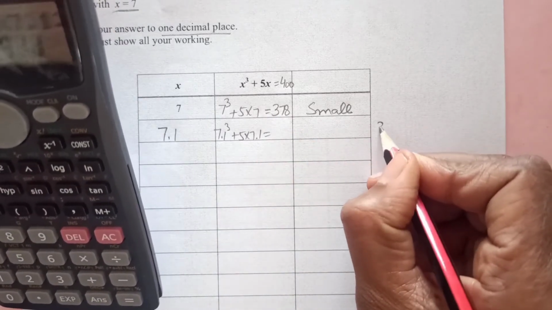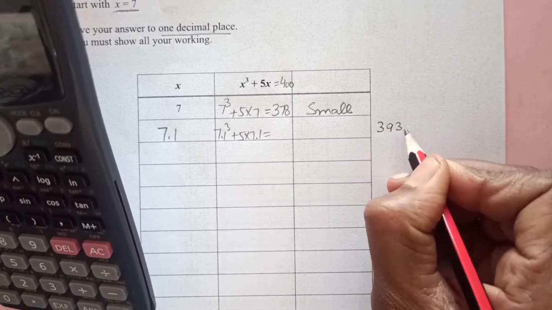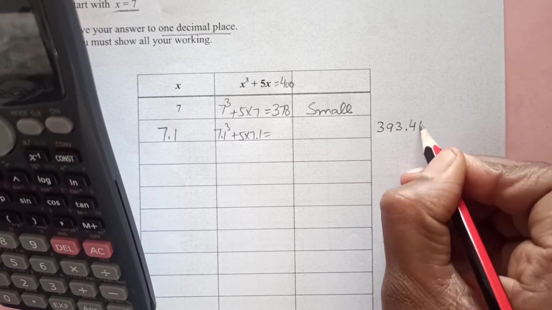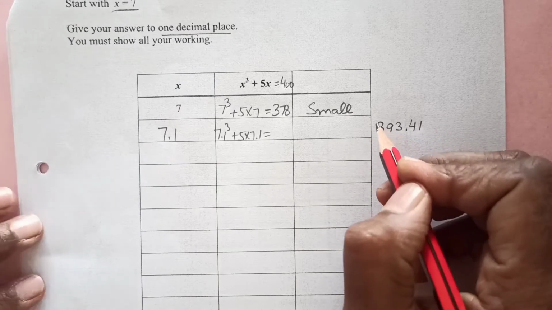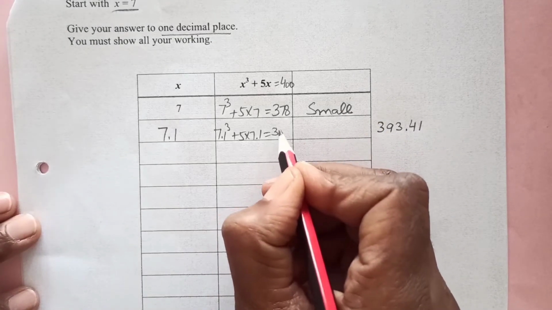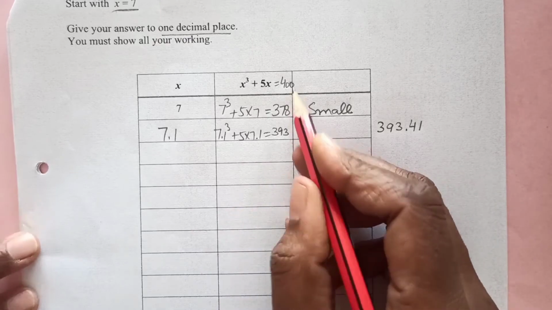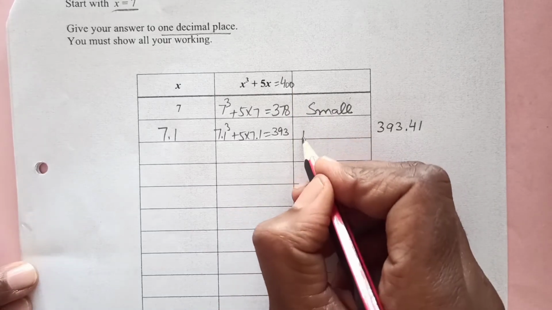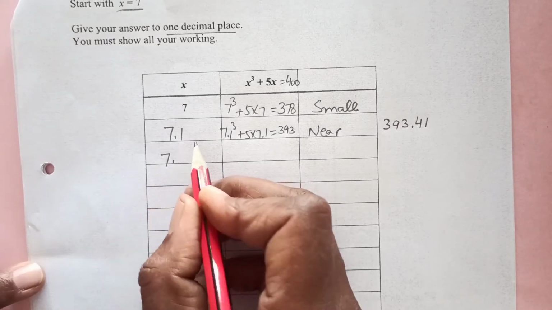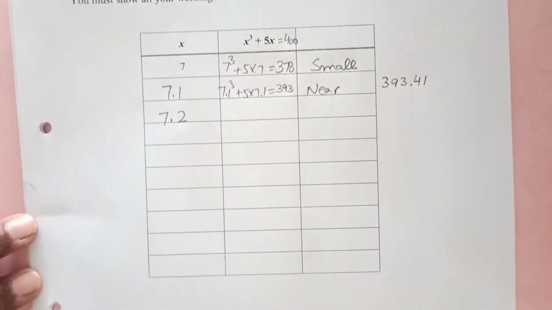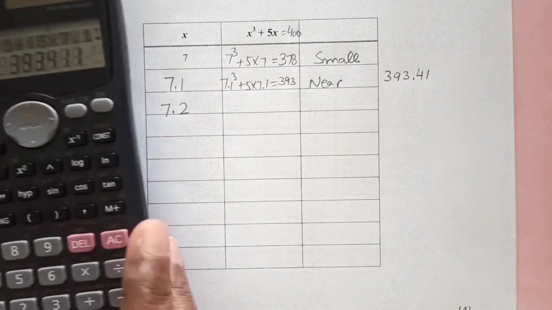Let me write it down here. I don't see space there. 393.41. So this is 393. Let me just round it. 393. This is near, right? So then we will see if we get a closer value by taking 7.2.